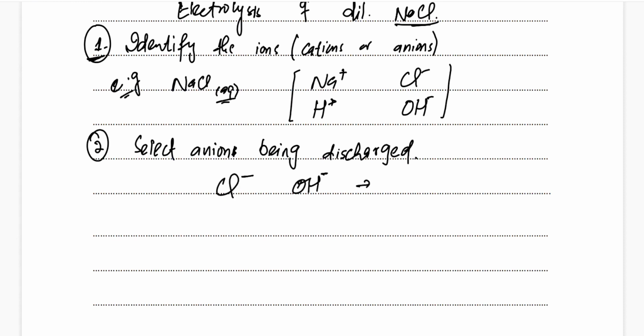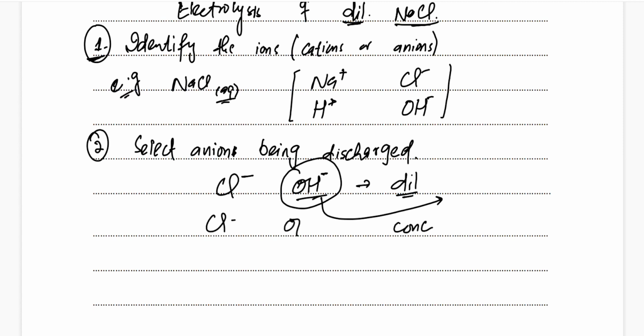In case of dilute, when it is mentioned that it is dilute, you will definitely prefer hydroxide. It will be discharged. But if you are told that you have concentrated chlorides and hydroxide, concentration only affects the discharging of the anions, then you have to prefer chloride, although it is above in that series. It's hard for chloride to be discharged, but in case of concentration it will be preferred and discharged as compared to the lower one, hydroxide.